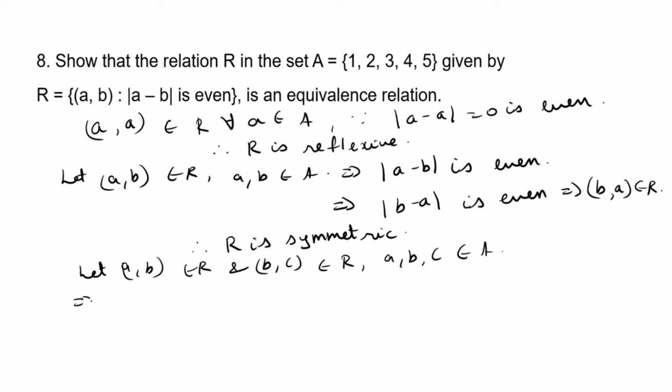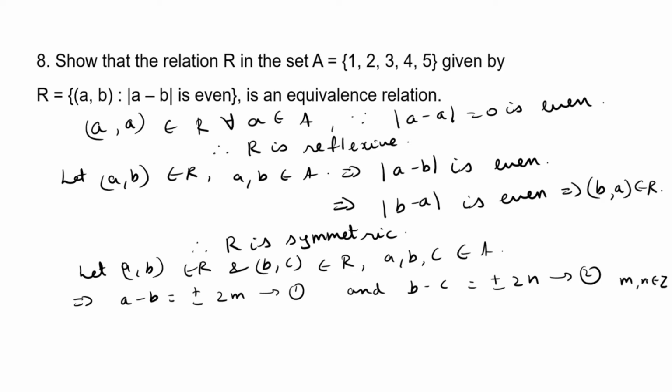So a minus b is equal to plus or minus 2m. Let us mark this as equation 1. And here we have b comma c belongs to R. It means mod b minus c is even, or b minus c is equal to plus or minus 2n.